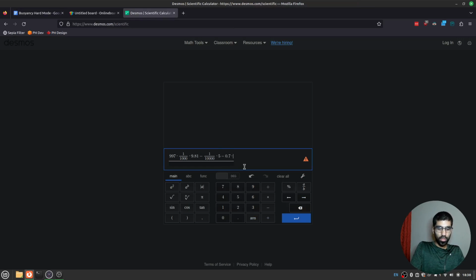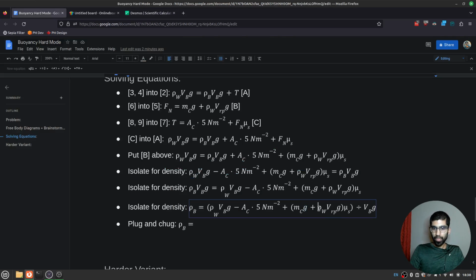So 0.7 times the mass of the cube, which is 1/1000 of a kilogram, times the gravitational constant, 9.81, plus the quantity of water times the gravitational constant. And what is this?